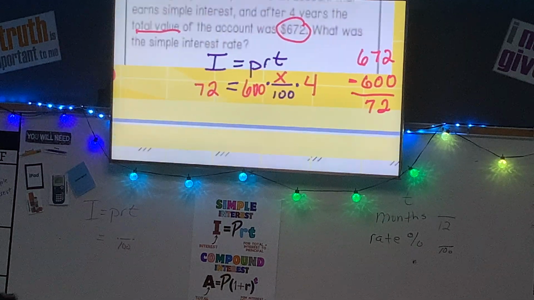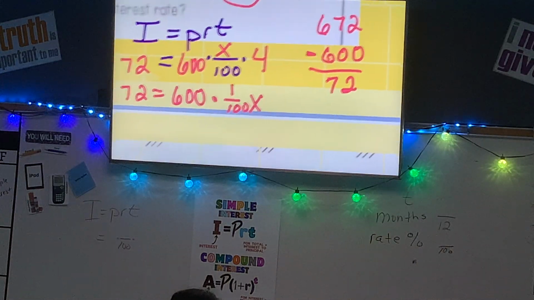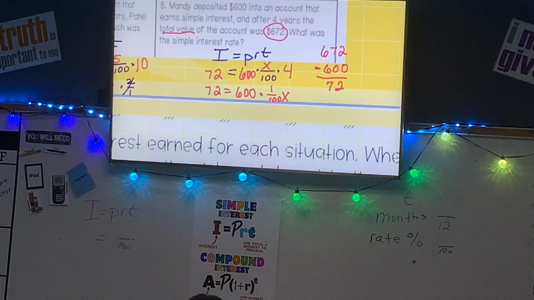My rate. Now watch how I'm going to rewrite this. I'm going to take my x and throw it to the side and put a 1 in place of it. So a 1 over 100, throw your x to the side, times 4. Now, I'm going to do what I can on that right-hand side.